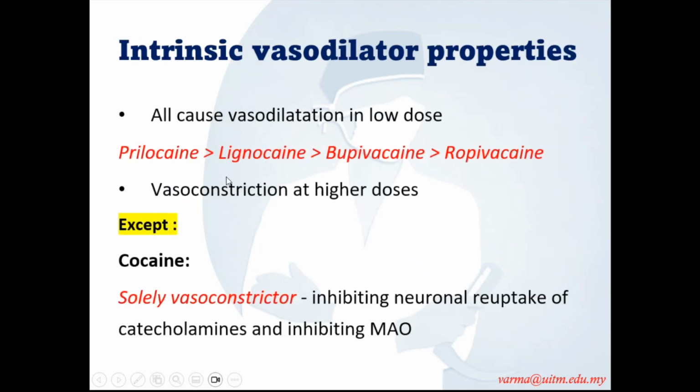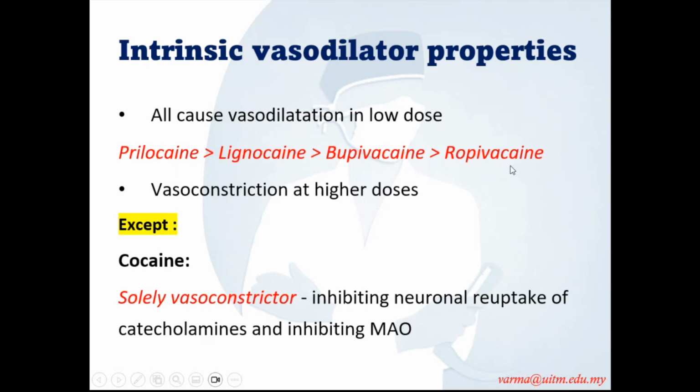And we come to the concept of intrinsic vasodilator property. As I mentioned, all the LAs cause vasodilatation in low dose, especially the amides that we use. All these are amides, prilocaine, lignocaine, all with a double I, right?